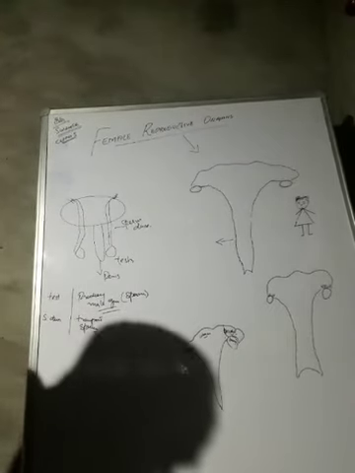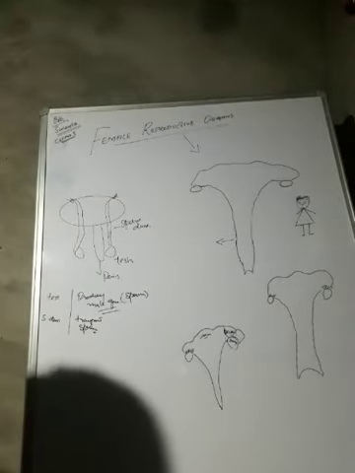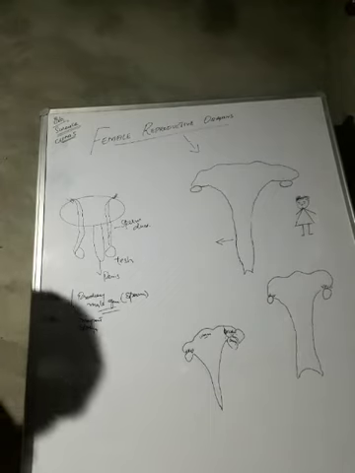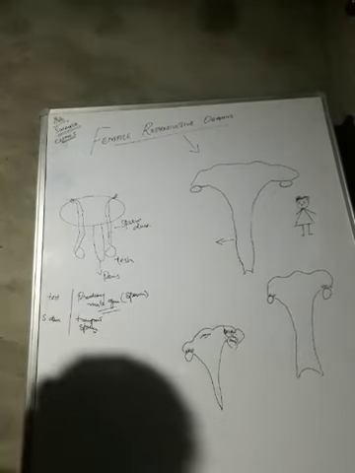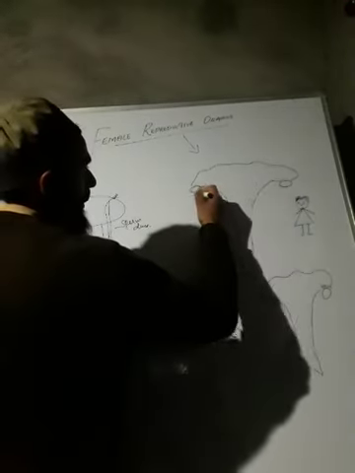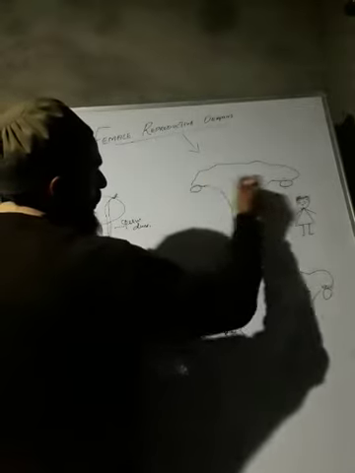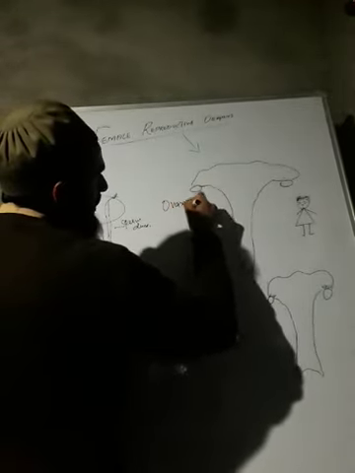The main, or we can say the very important part of the female reproductive system is the ovary. These two, ovary, O-V-A-R-Y.